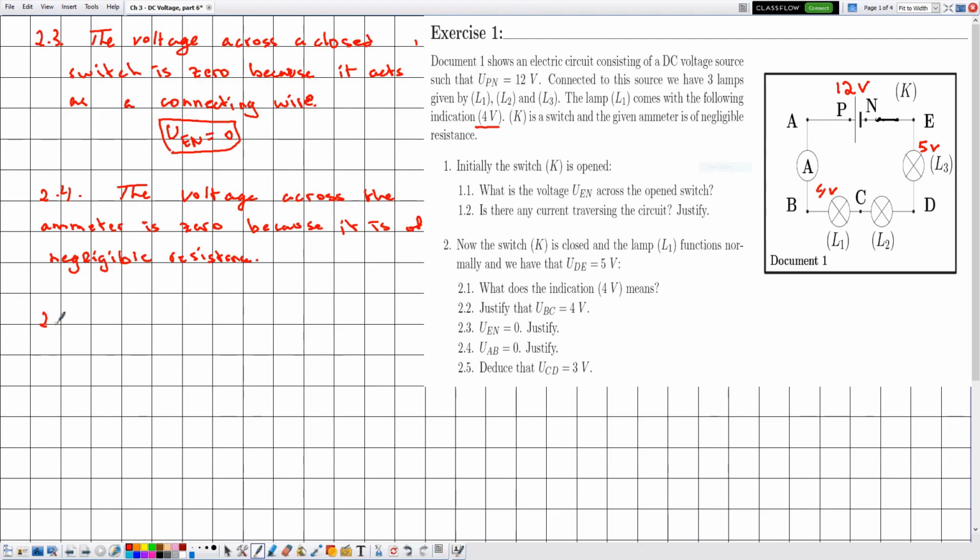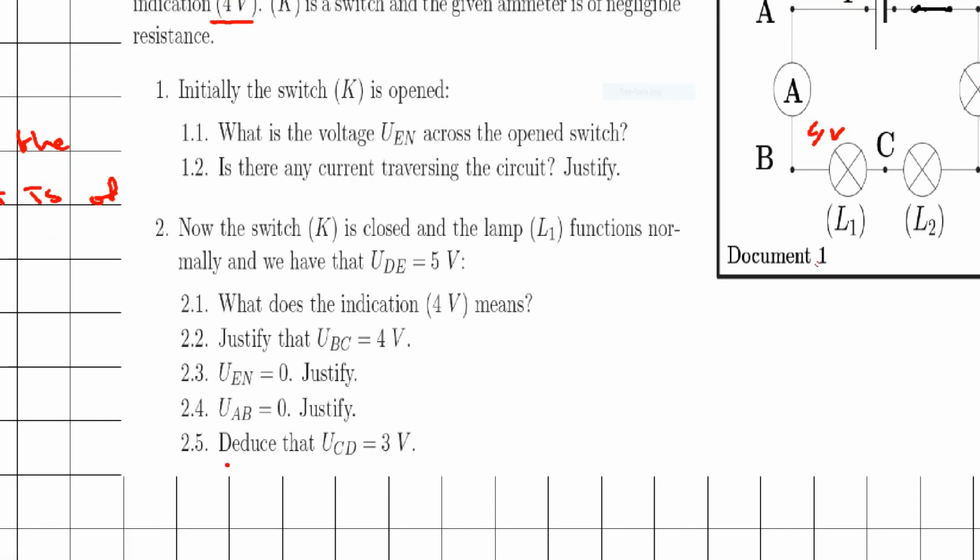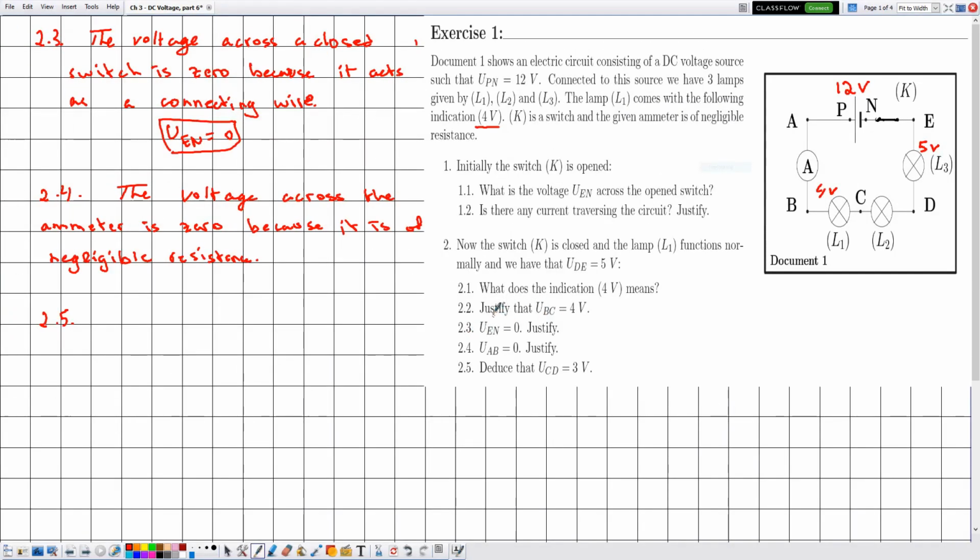Now in 2.5 they are telling me deduce that UCD is equal to 3 volts, and the word deduce means that we need to use the parts just previously before. In parts 2.2, 2.3 and 2.4 we have talked about the voltage across certain branches, so maybe we'll use these values later in order to calculate the voltage across another branch using the law of addition of voltages.